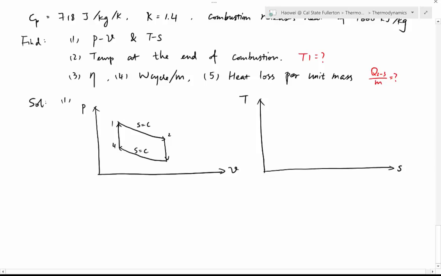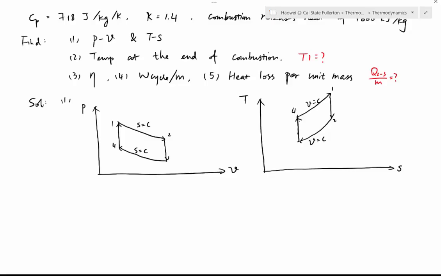And then on T versus S diagram, that's 4 to 1, constant volume. 1 to 2, isentropic, 2 to 3, constant volume. And 3 to 4, isentropic. So you don't need to think about anything. You just copy what we did before. Those two diagrams never change. Okay, so that's part 1.